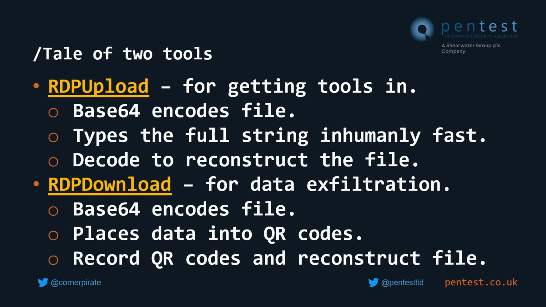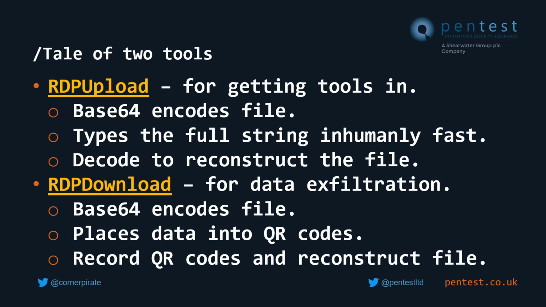This talk is a tale of two tools, and they're called RDP upload and RDP download because I guess the original use case for RDP upload, which I made several years ago, was an RDP environment, and I've just stuck with the same name. Technically, it works in all the other environments.